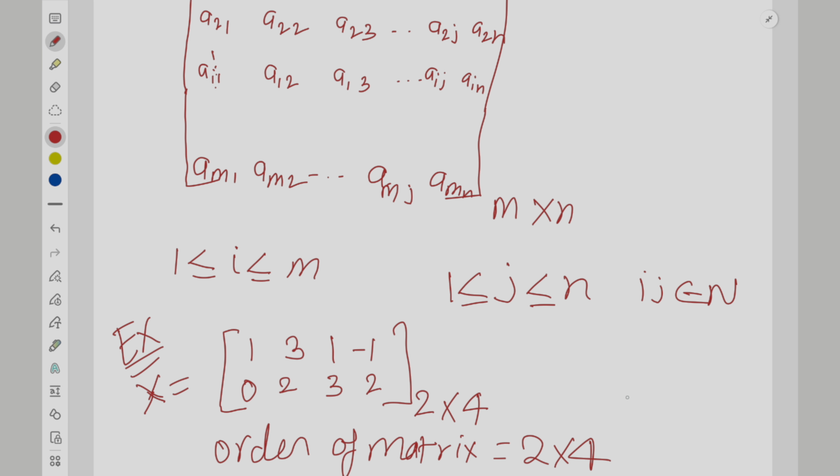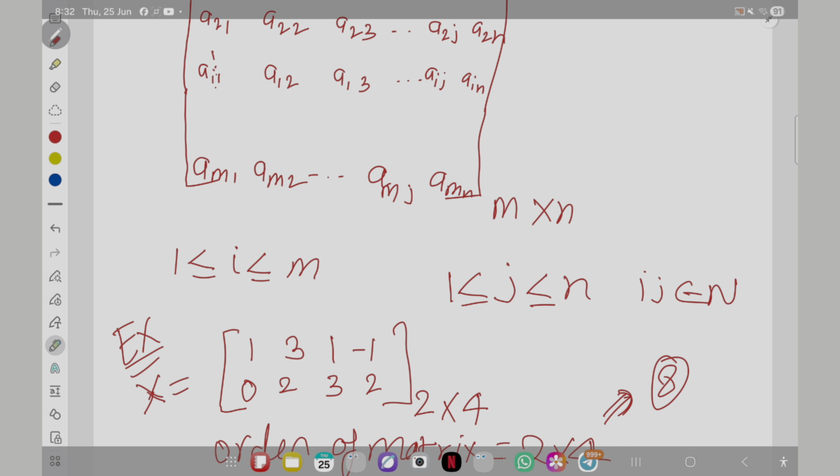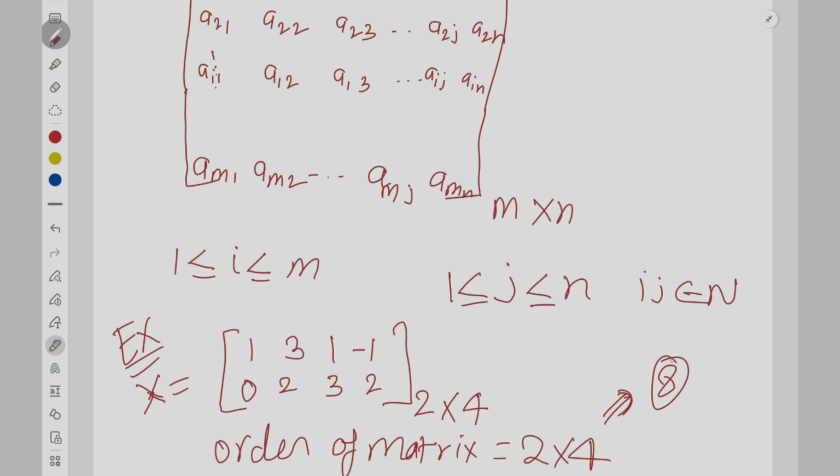And the number of elements in this matrix is the multiplication of these numbers, 2 times 4 is 8. Counting 1, 2, 3, 4, 5, 6, 7, 8, the number of elements is 8.